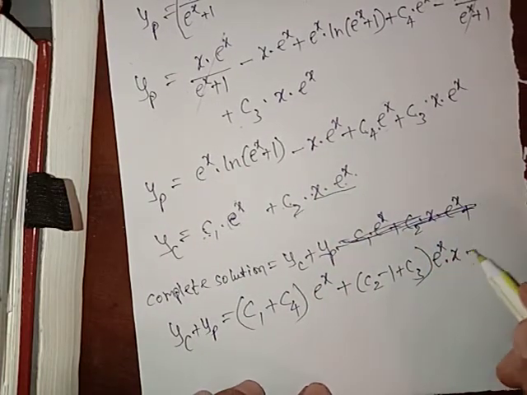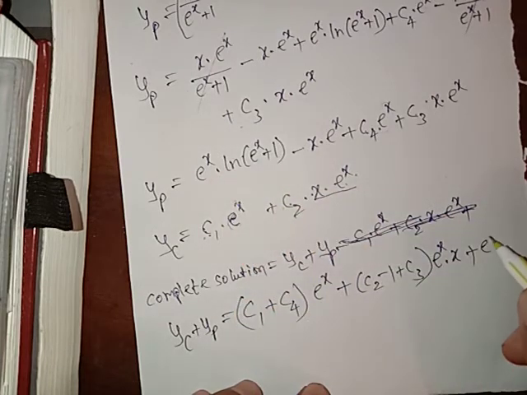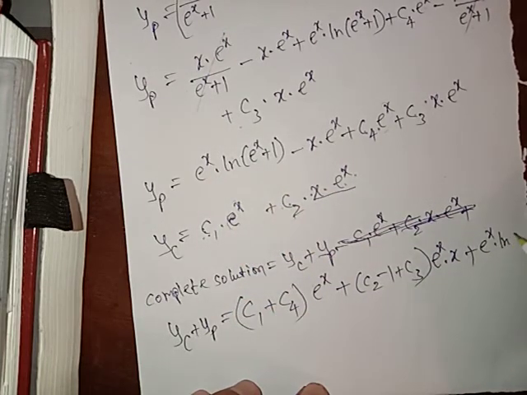Now the remaining term is exponential of x into ln(exponential of x plus 1).